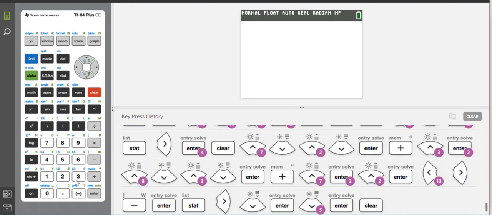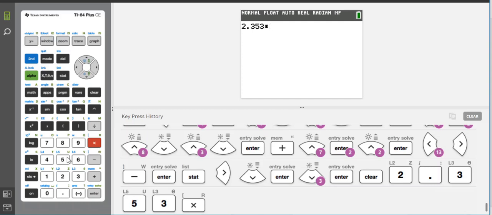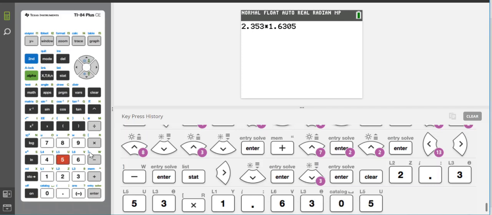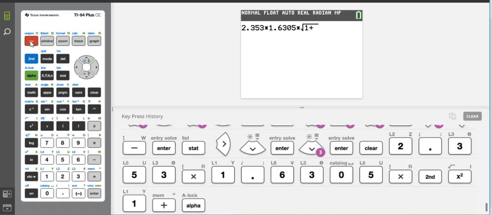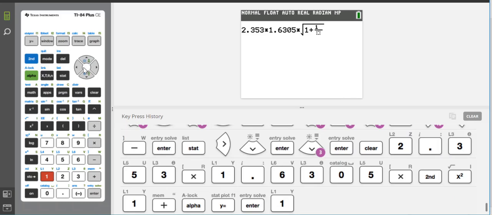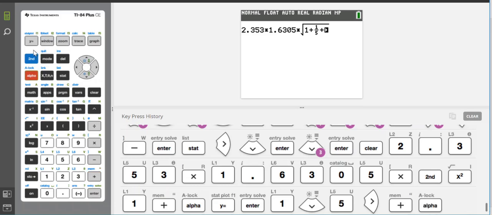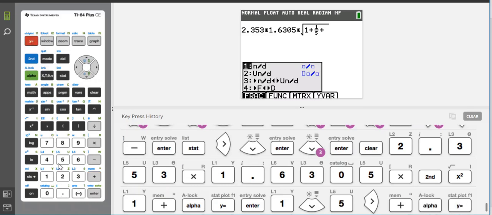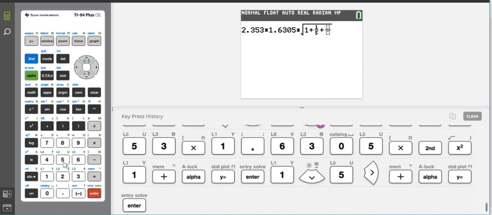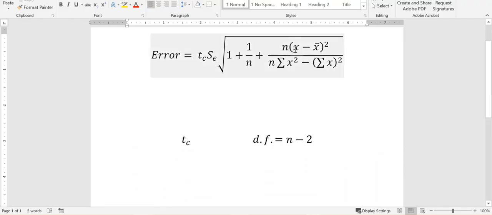So here we go. We have 2.353 multiplied by 1.6305 multiplied by the square root of 1 plus, and then fraction bar, 1 over n, but n is equal to 5, and then plus fraction bar, n, which is 5, times the quantity x minus x bar squared.